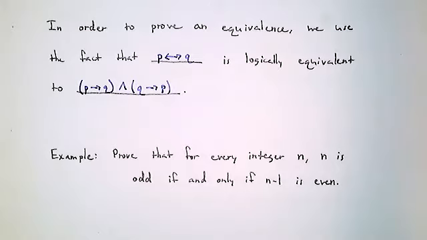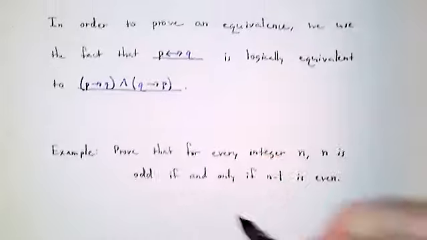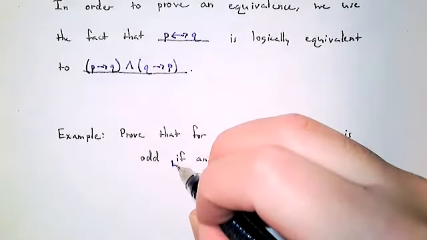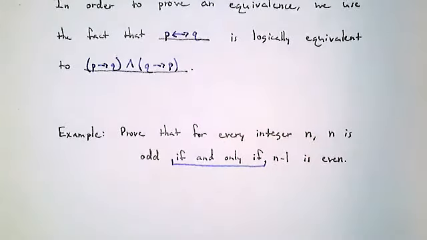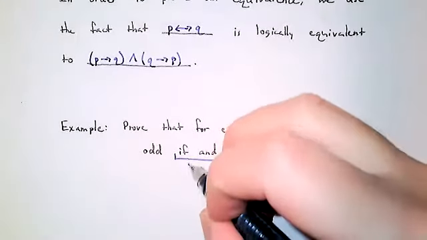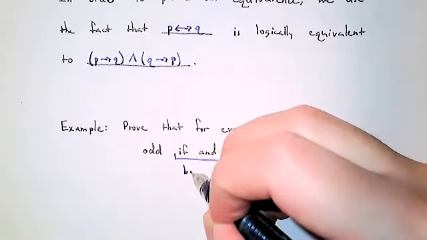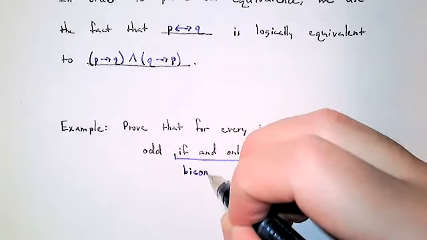And here's the example that we're going to be working through. We want to prove that for every integer n, n is odd if and only if n minus 1 is even. In this collection of words, if and only if is the biconditional logical connective.